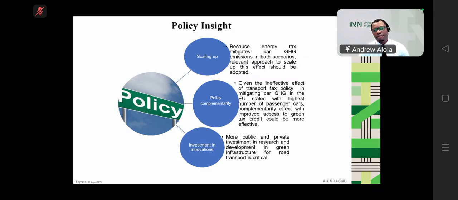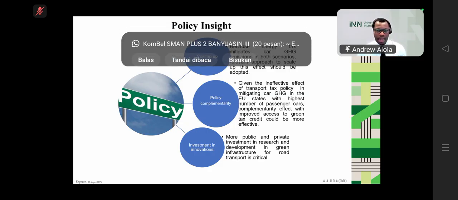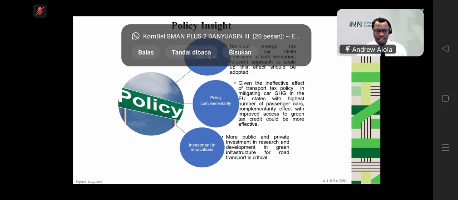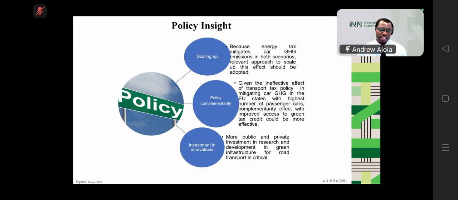So we have what I call a scale-up policy recommendation. Scale up in the sense that we saw that energy tax in both scenarios is significant. It is good at reducing greenhouse gases from passenger cars.